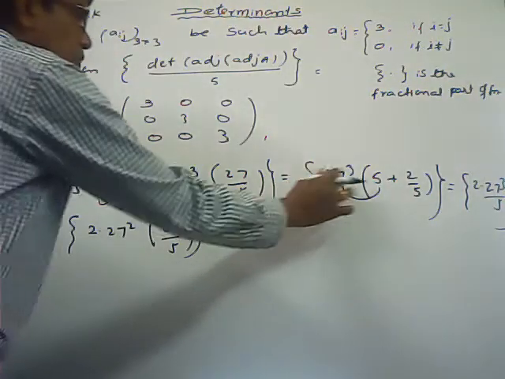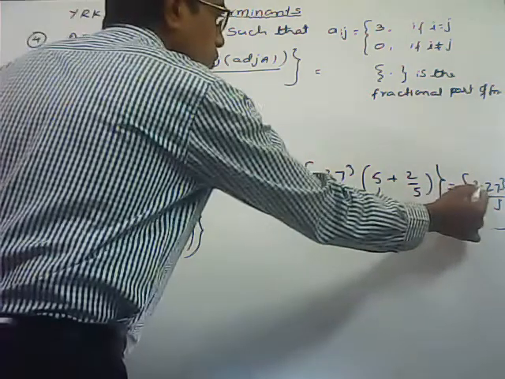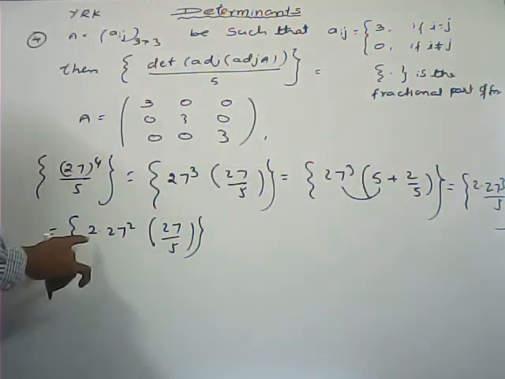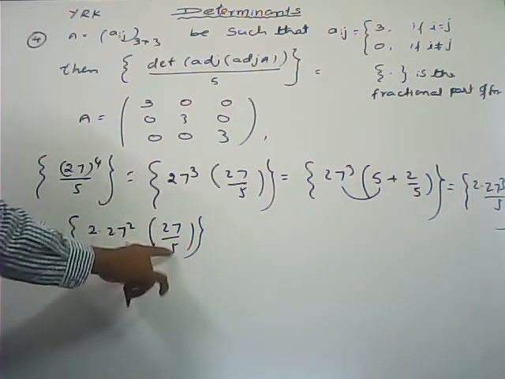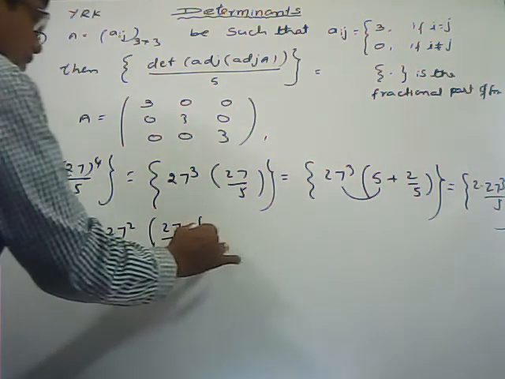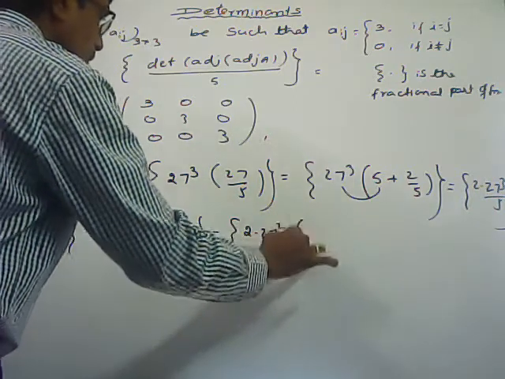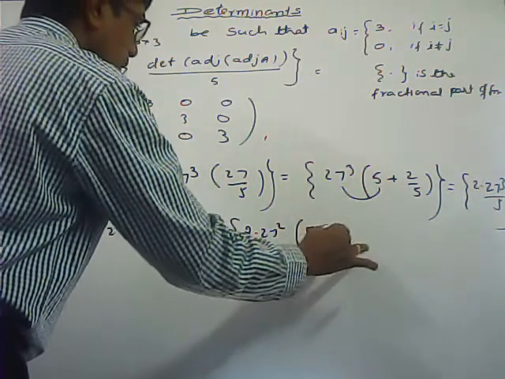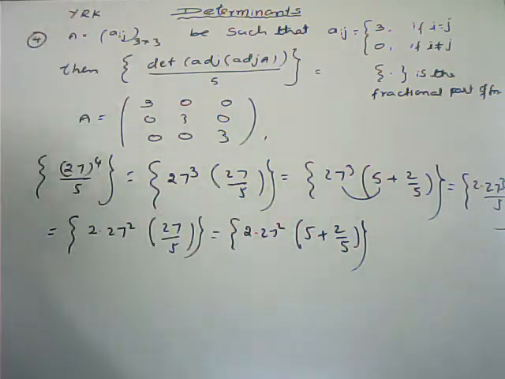So here how much are we getting? This is the integral part. You can remove that one. That value is 0. Now 2 into 27 cube, how to split that one? 2 into 27 square, again 27 by 5, that is equal to 2 into 27 square, again here 5 plus 2 by 5. By multiplying these two we get the integral value, the fractional part is 0 only.